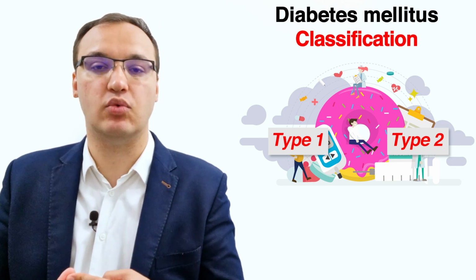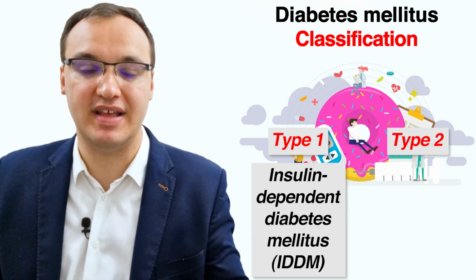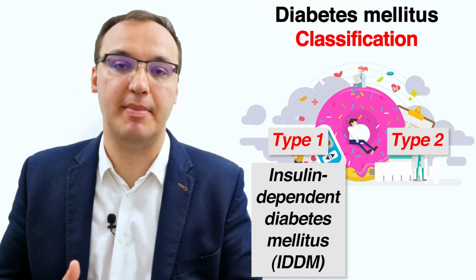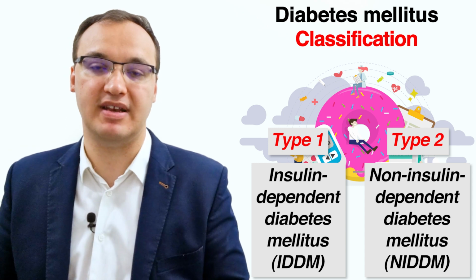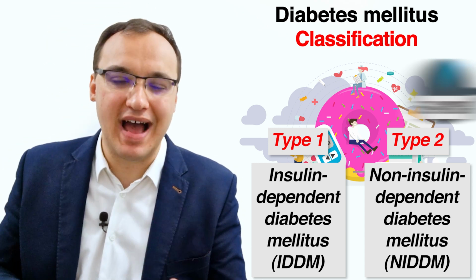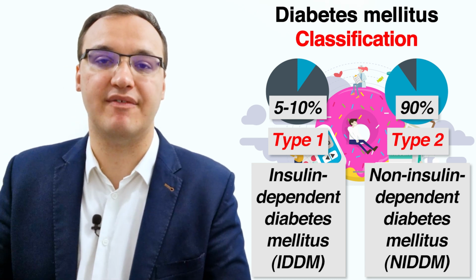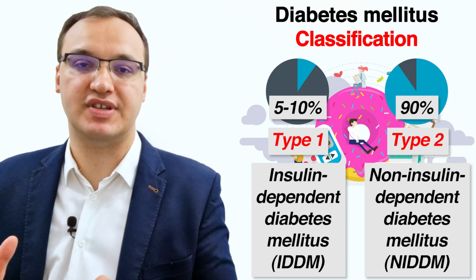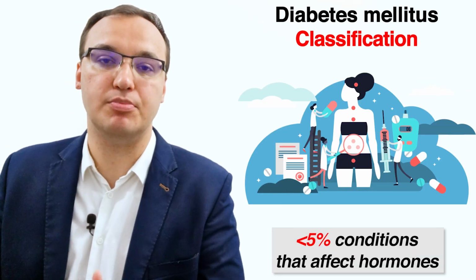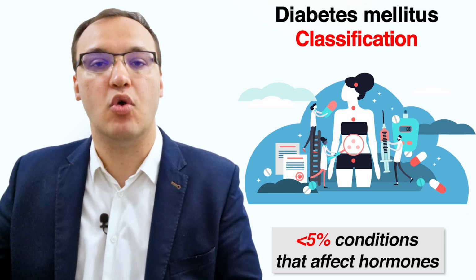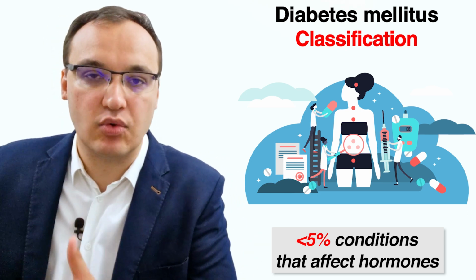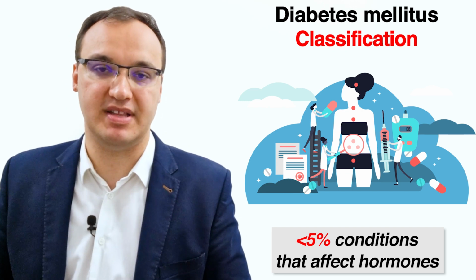Type 1 diabetes can also be called insulin-dependent diabetes mellitus, or IDDM for short, while type 2 diabetes is also known as non-insulin dependent diabetes, so NIDDM, and about 5 to 10% of people with diabetes have type 1, while the remaining 90% have type 2. And there's also less than 5% of people who may develop symptoms of diabetes due to pregnancy or other conditions that affect their hormones. And we will discuss that later when we look at the specific types of diabetes mellitus.